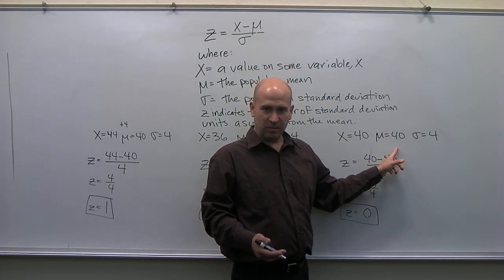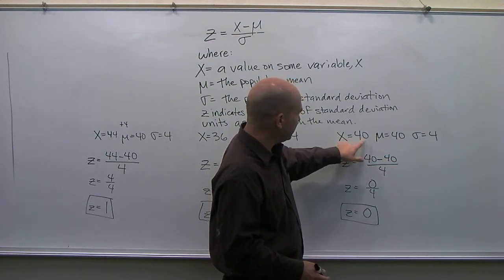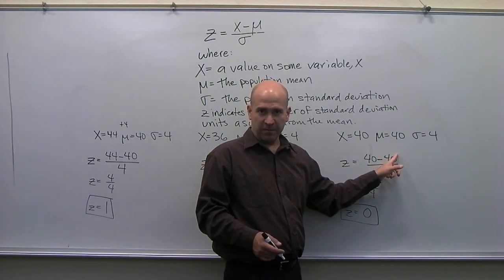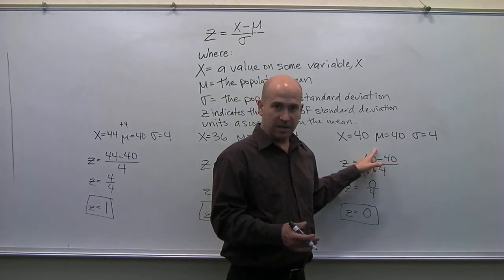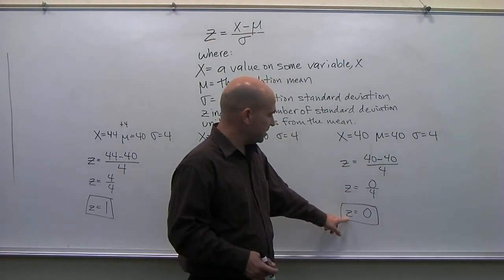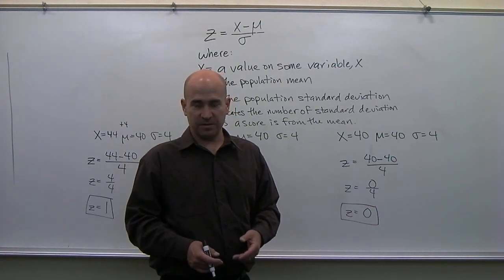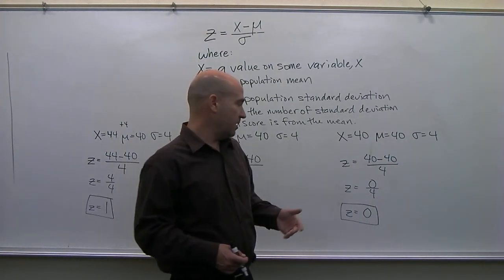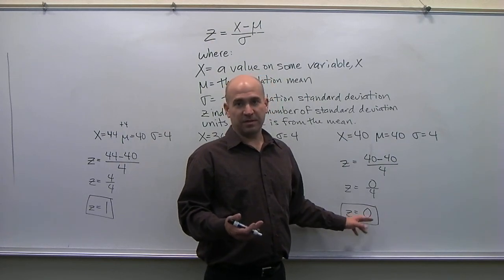It's exactly equal to the mean. So here we see that a score of 40, does it deviate at all from the mean? That's what you want to ask yourself. It does not, right? It's equal to the mean. So that gives us a z-score of 0, which means it's 0 standard deviations away from the mean. And if it's 0 standard deviations away from the mean, that means it's just equal to the mean.